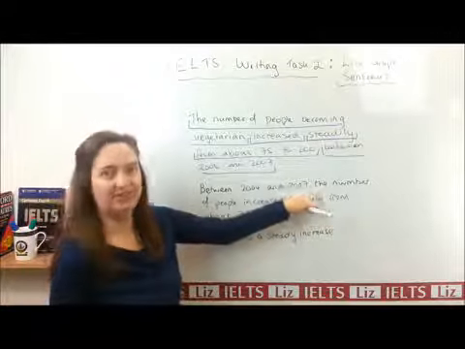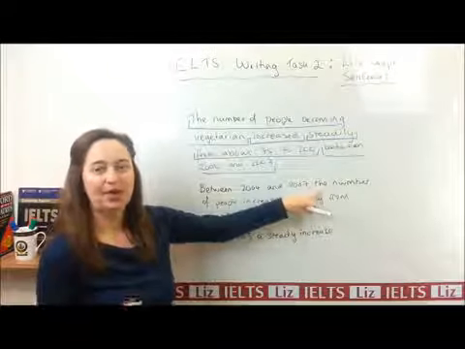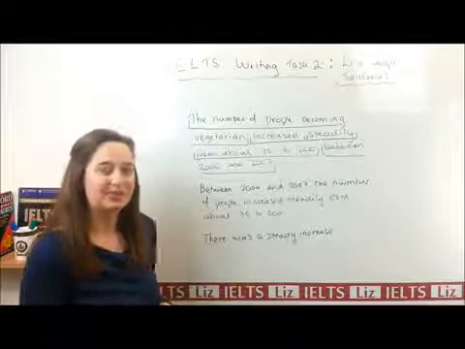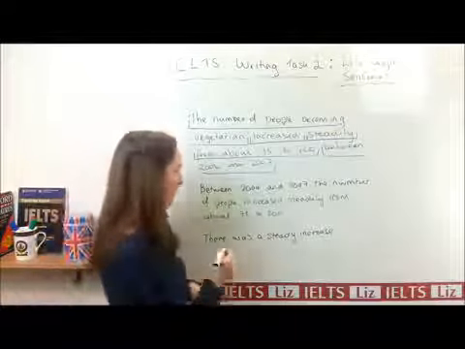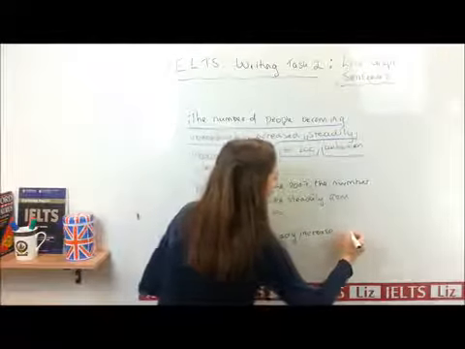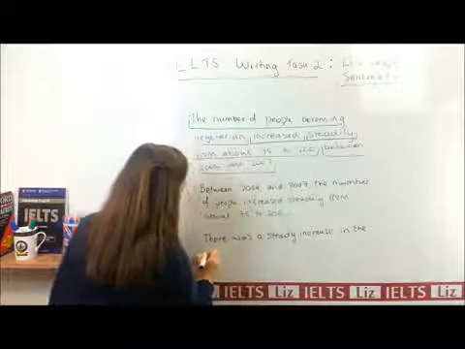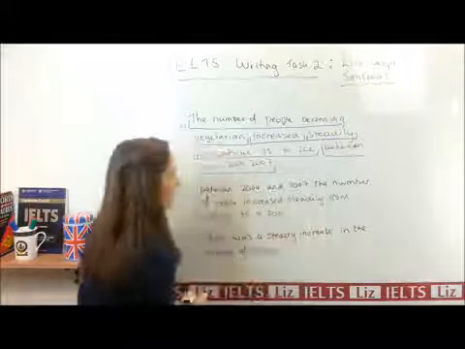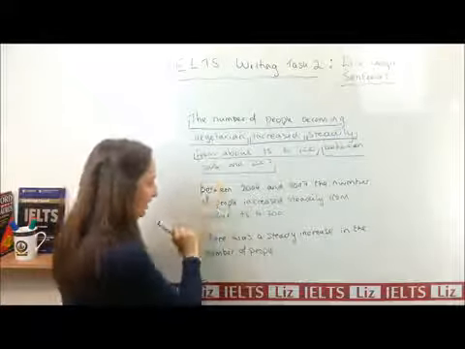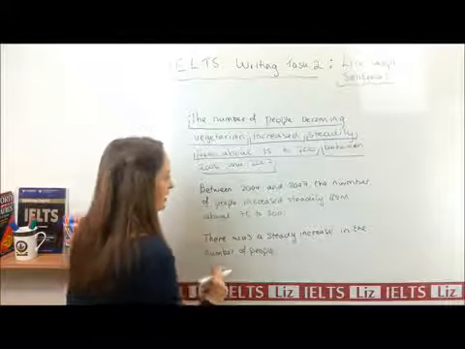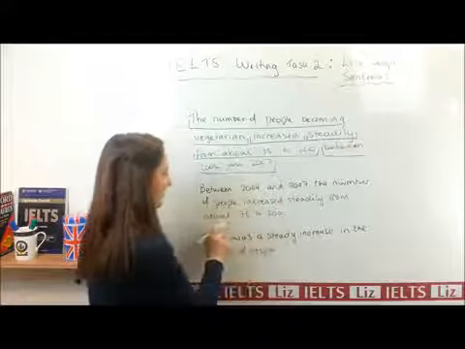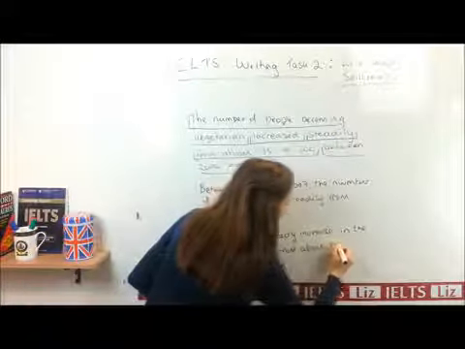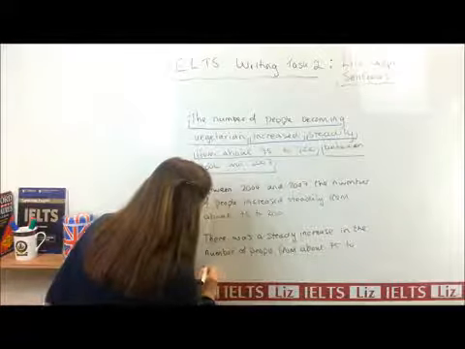Now we need to give this information. But to do that, we need to use a preposition first. And the preposition is in. So there was a steady increase in the number of people. And we could say becoming vegetarian if we want to develop that. So we've got that. Now we need the numbers from about 75 to 200.